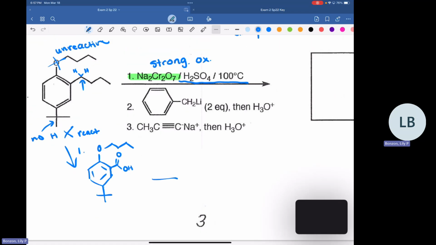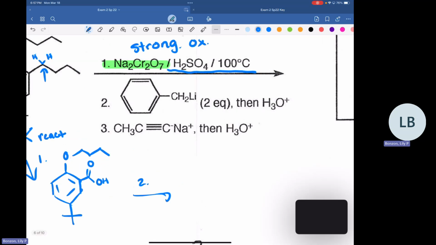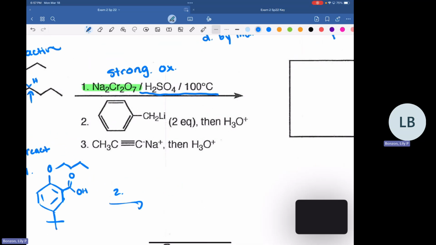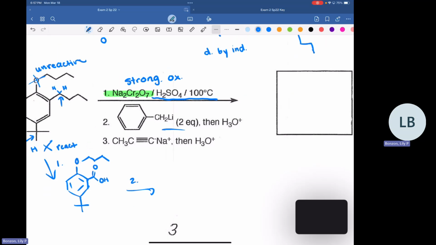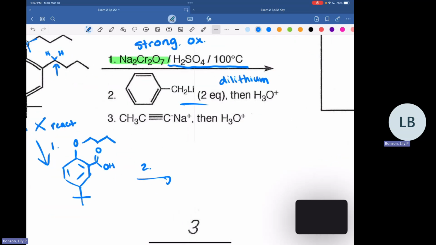Okay. And then in step 2, we have a lithium reagent. And so what this one does is it forms a dilithium salt where it just reacts with those oxygens on the molecule. But you just need to know that this one is going to turn a carboxylic acid into a ketone.